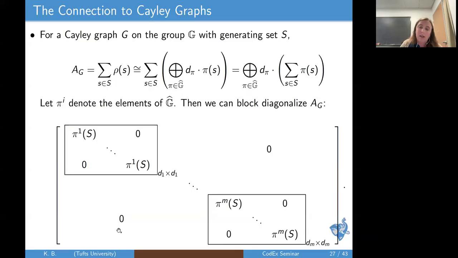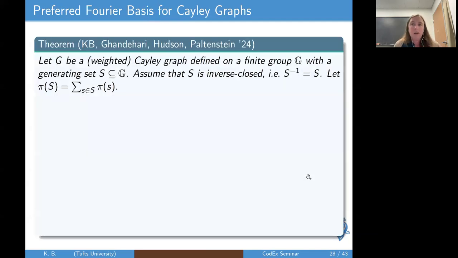Okay, so I have this nice way to block diagonalize the adjacency matrix of my Cayley graph in terms of all the irreducible representations of the group, and it's also encoding the structure of my generating set as well. And so here we have this captured. This gives us a way to create a basis for signal processing on our Cayley graphs.